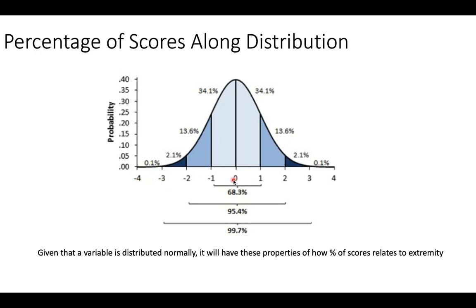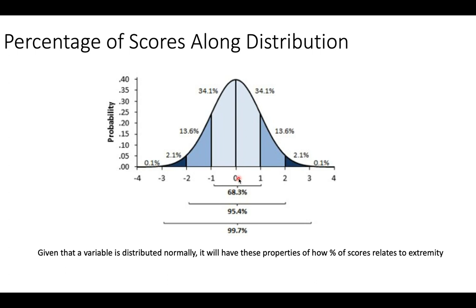Our standard deviations are a way that we quantify the spread of a data set, or how spread out versus how condensed to the mean a data set is. When a variable is normally distributed, what that means is that these percentages of the population fall between standard deviation markers every time, all the time.